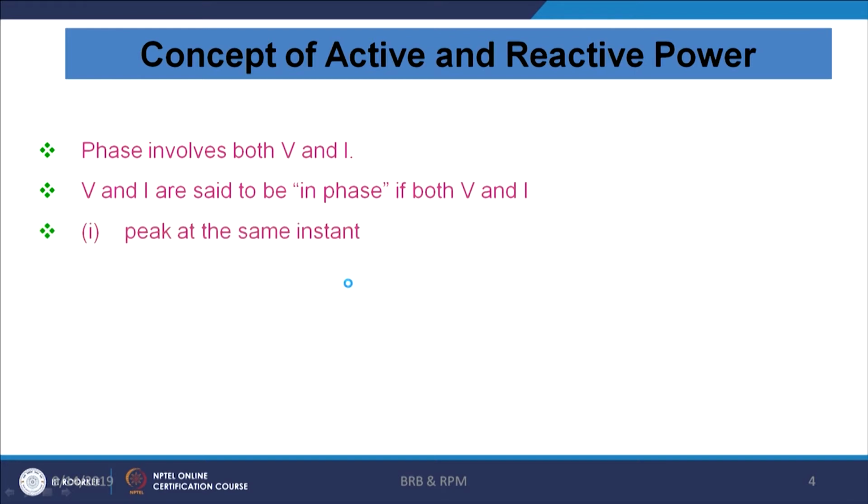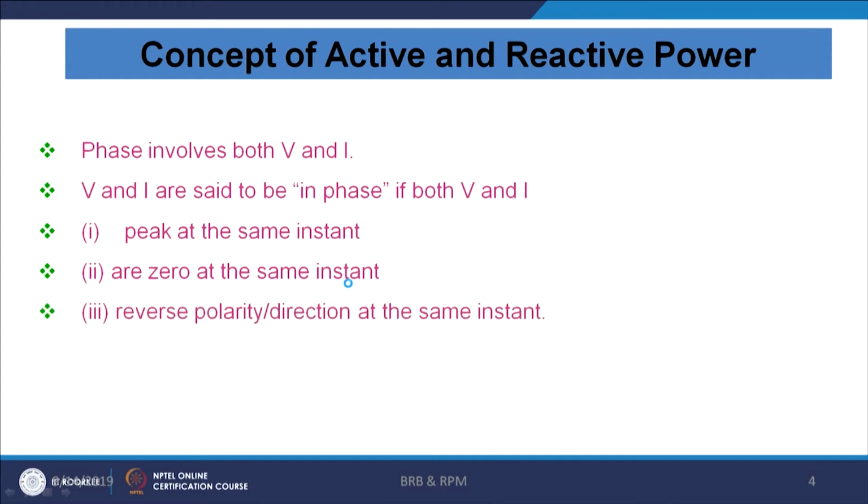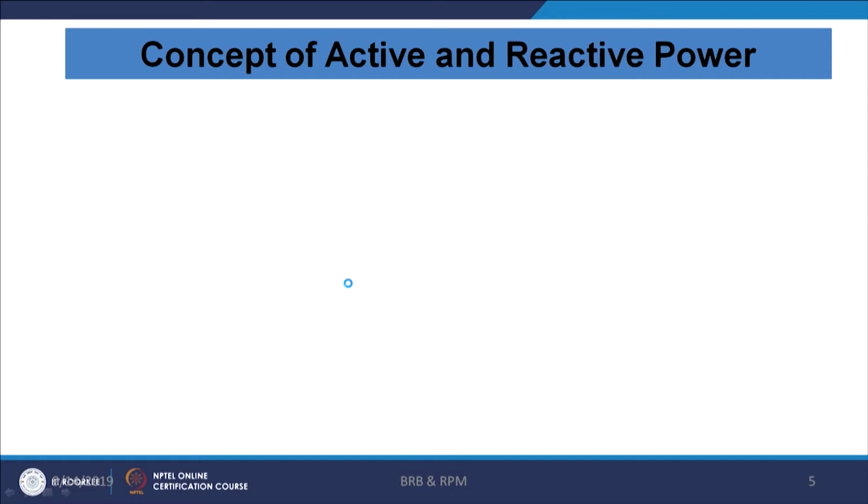Now, the peaks should occur at the same instant, and the zero crossings should also occur at the same instant. Sometimes zeros are at different instants, which I will show you in the picture. Reverse polarity directions should also occur at the same instant. Voltage and current are said to be out of phase when they are 180 degrees apart in phase angle.